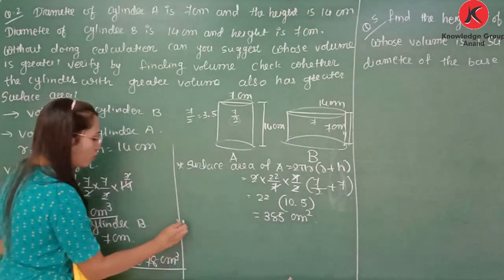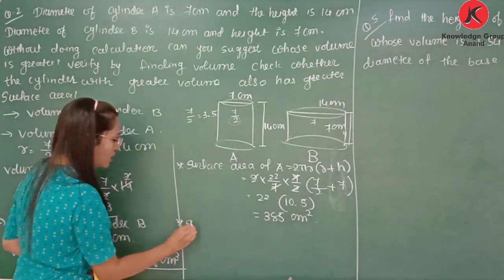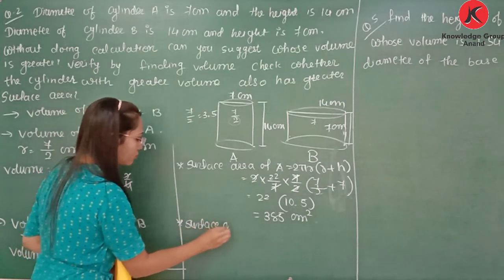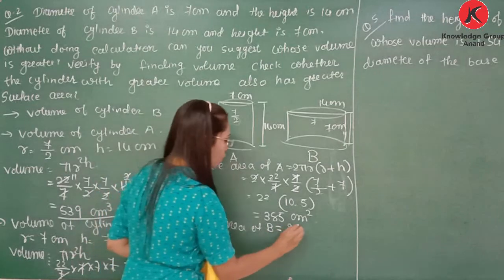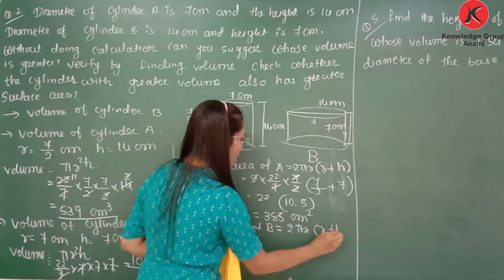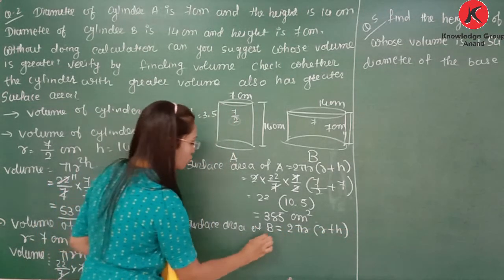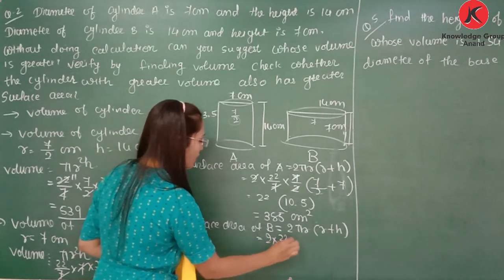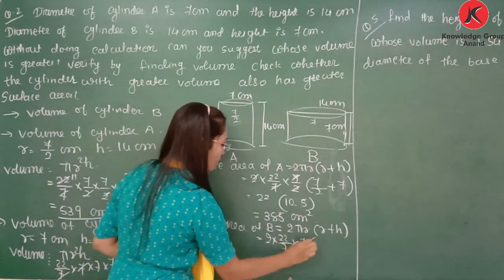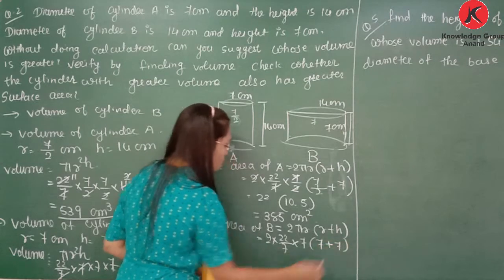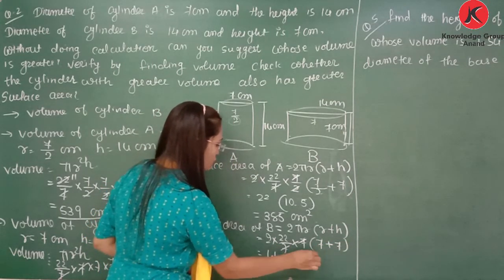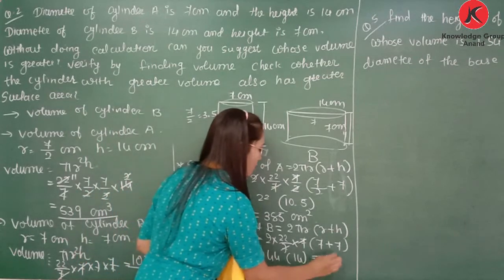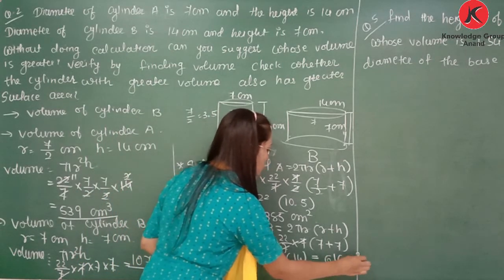Now the surface area of B. Again 2 pi r (r plus h). So here 2 into 22 by 7. Now for this the radius is 7, height is also 7. 44 multiplied by 14. So you will get 616 centimeter square.